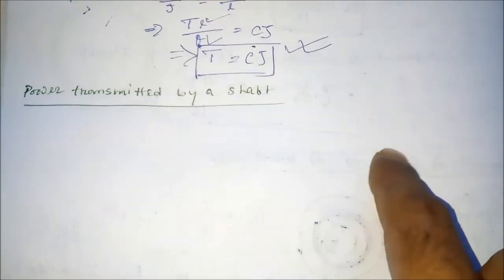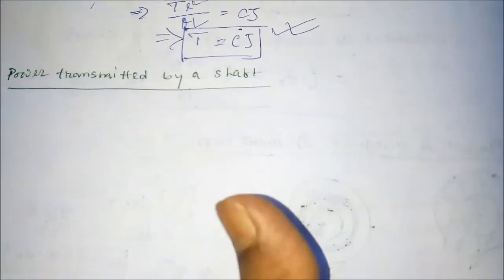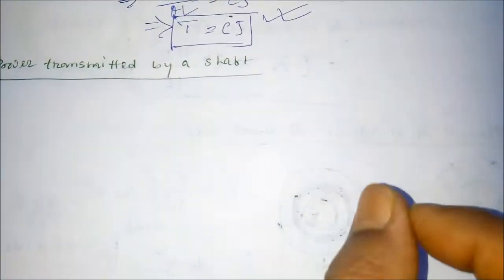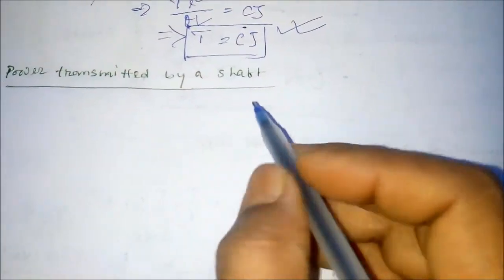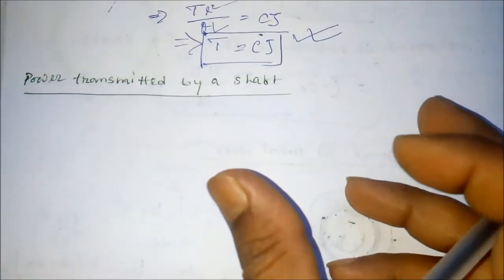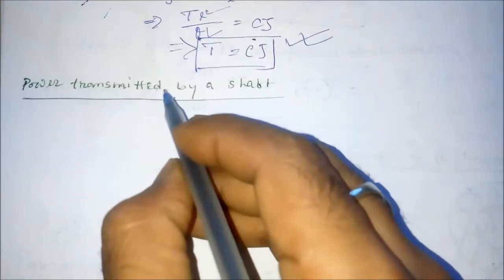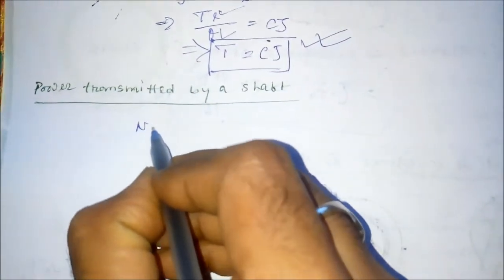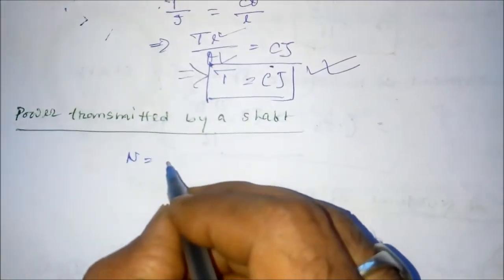That is why you first need to know what will be the power transmitted by the shaft, right? Let us consider one shaft which is in working mode, having N number of revolutions per minute.